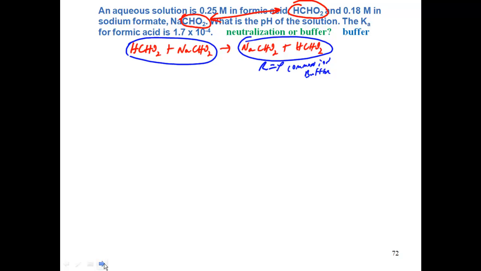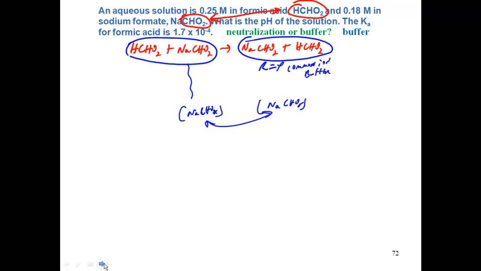Well, as long as you keep your components together and you follow your concentrations, you're going to eventually come up with some concentration of sodium formate, and you come up with some concentration of sodium formate on this side as well, some value. As long as eventually you see they're the same and you treat them as one, you can still get the same answer. So if you follow the process that I tell you, and you don't make any mistakes, you can still get to the right pH, treating it as neutralization.